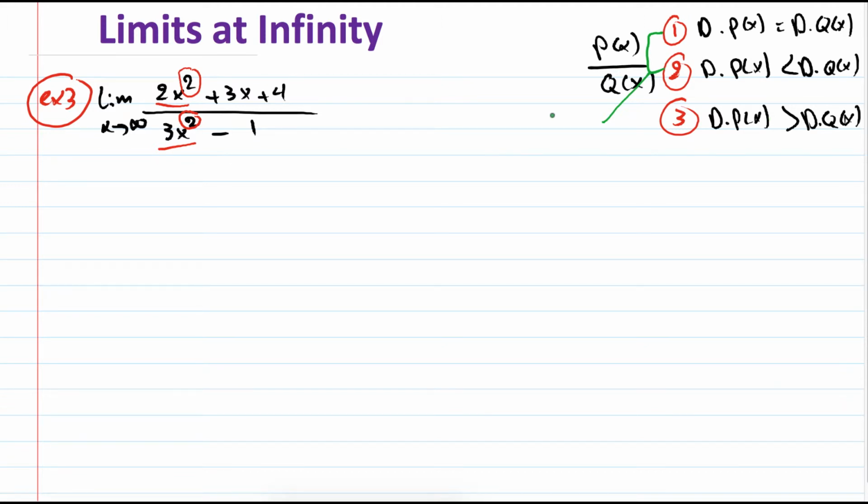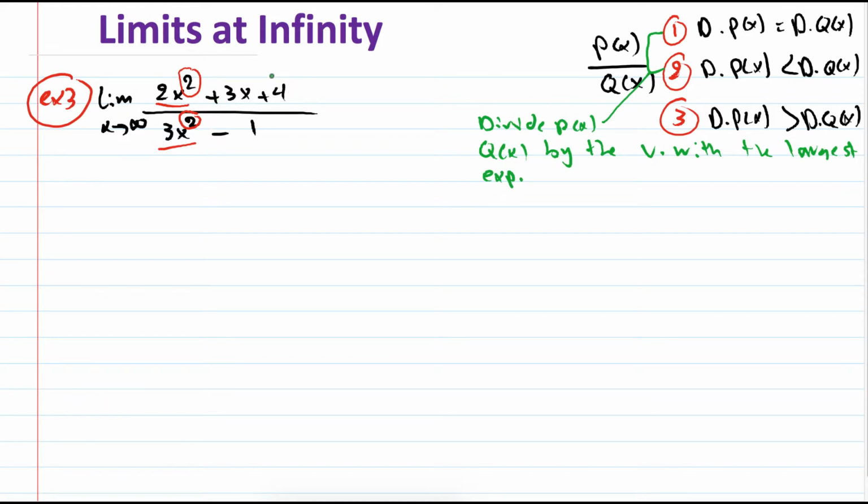So in this case, divide p of x and q of x by the variable with the largest exponent. Right here, the variable with the largest exponent is x to the 2.